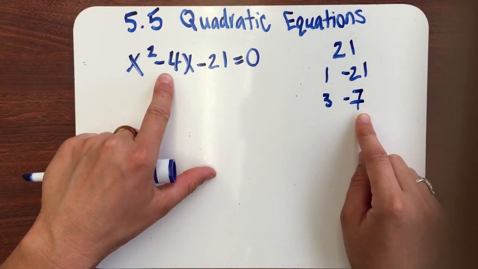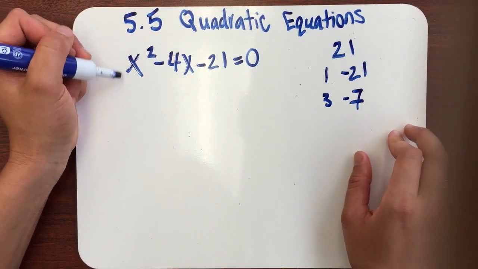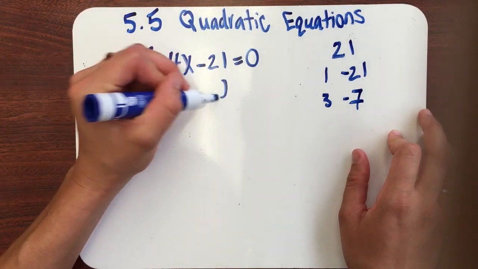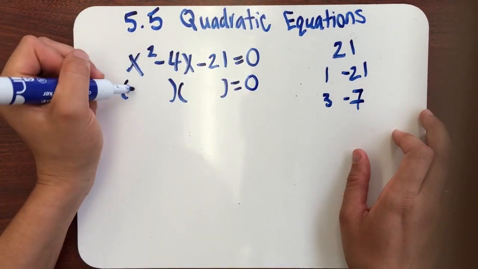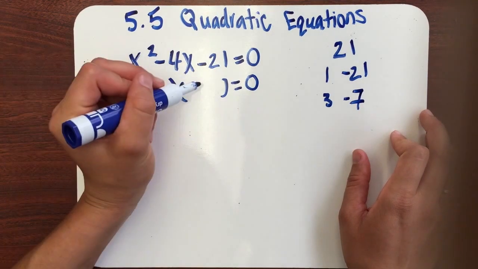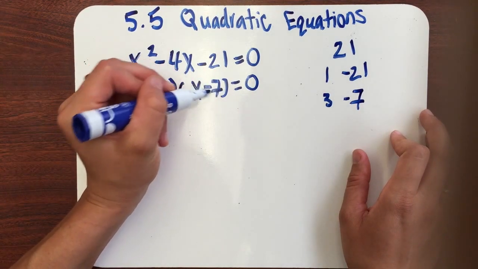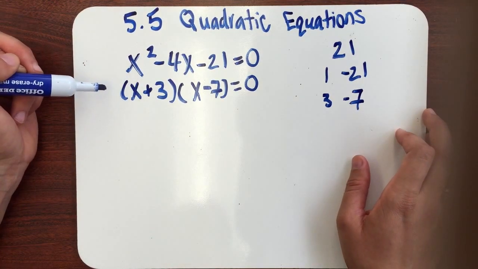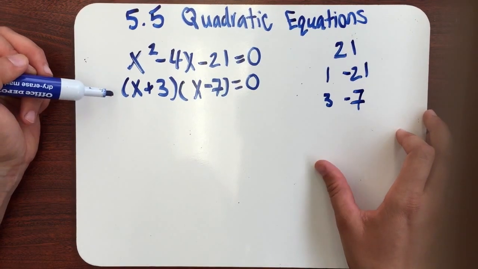So when the value of a is 1, we go straight to the two binomials and we'll write it as x plus 3, x minus 7. And you can always check that you got this correct by using the FOIL method.